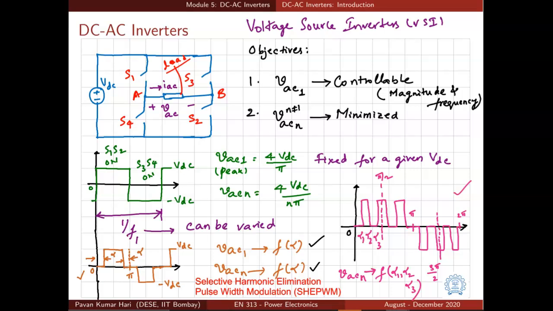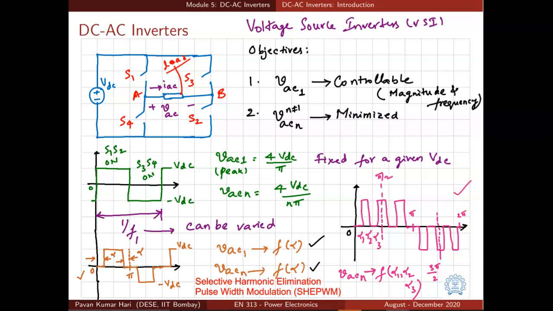What are we doing here? If you observe, we are creating pulses. Because we have fixed DC voltage and the pulses are varying between 0 and VDC or minus VDC and VDC. So the pulses are being created, and the width of these pulses is also being changed or modulated in certain fashion.